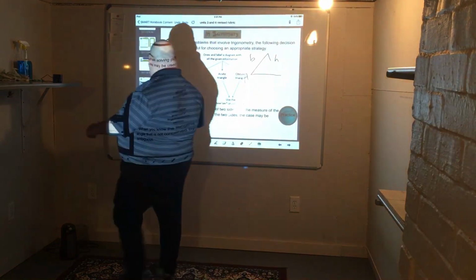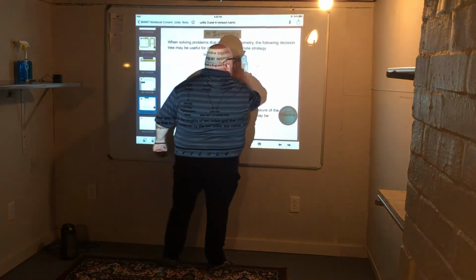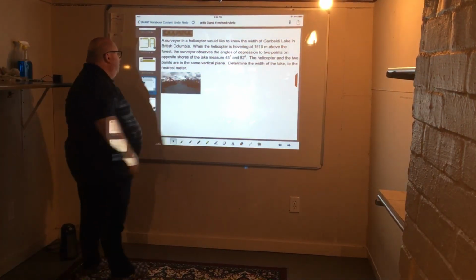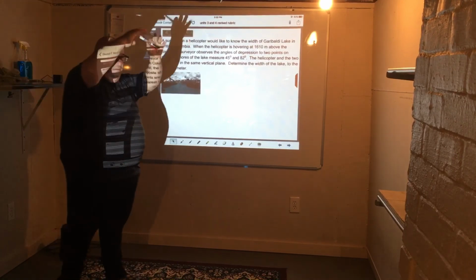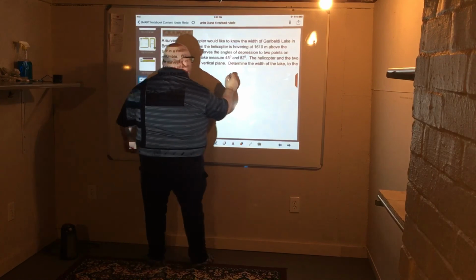All right, so let's take a look at one example situation here. Real practical situation. Surveyors are flying around in a helicopter. So here they are, up in their little helicopter over here.